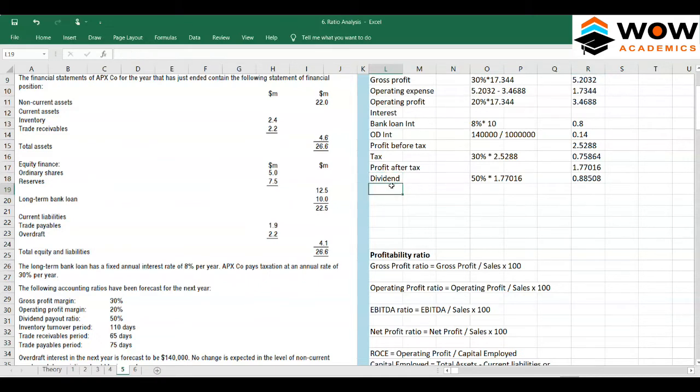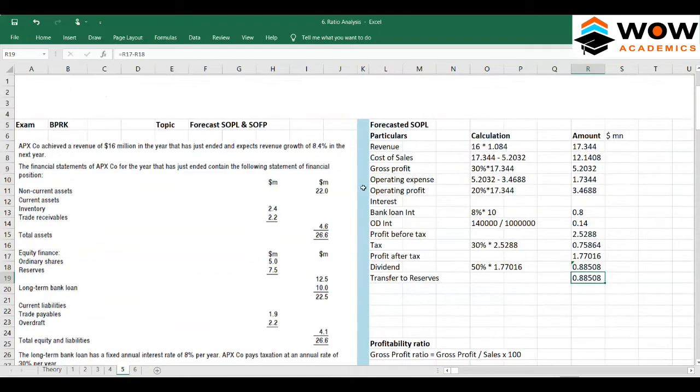So the balance would be transfer to reserves. Okay, transfer to reserve or transfer to retained earnings. It would be the same number only.